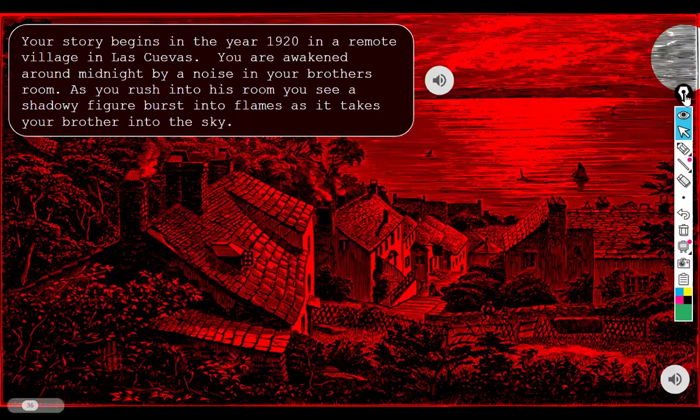Your story begins in the year 1920 in a remote village in Las Cuevas. You are awakened around midnight by a noise in your brother's room. As you rush into his room, you see a shadowy figure burst into flames as it takes your brother into the sky.